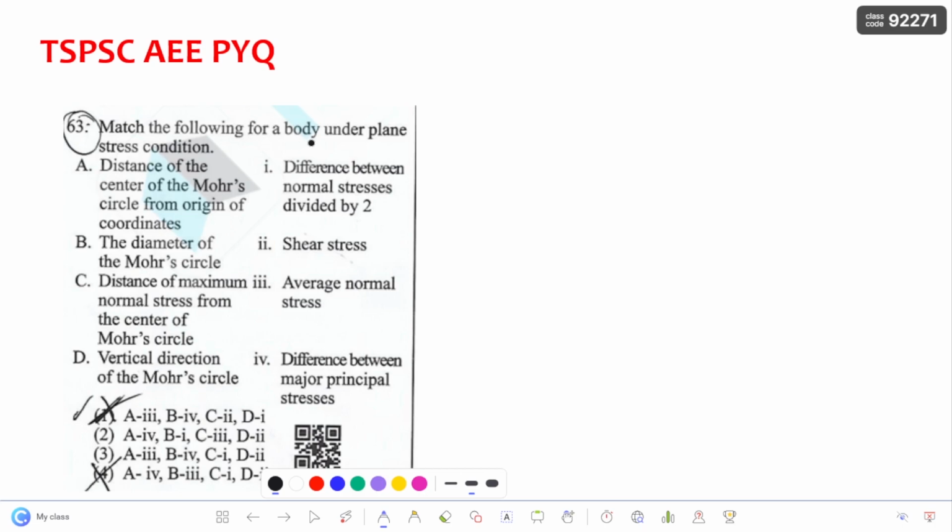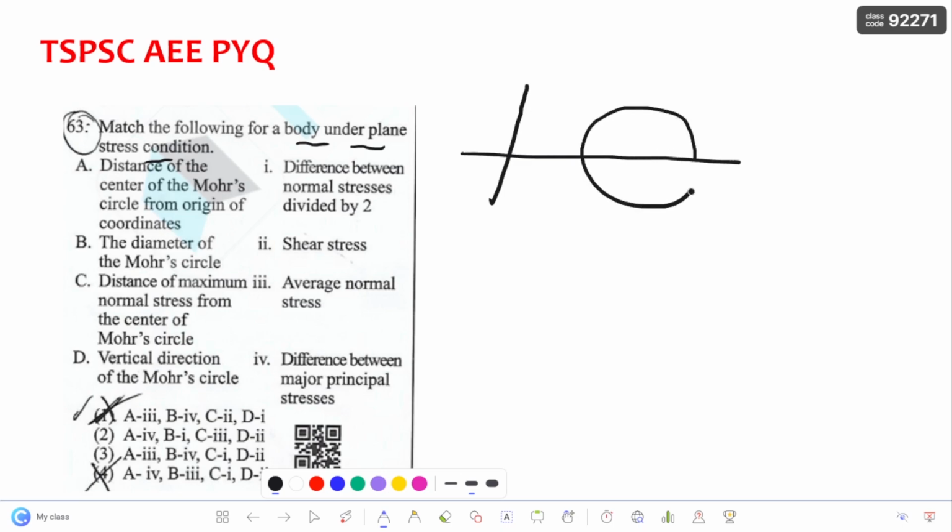Here it is given in the question: match the following for a body under plane stress condition. Let us draw the Mohr circle for plane stress condition. This is nothing but shear. This is normal stress. This is the minor principal stress, that is sigma 1.